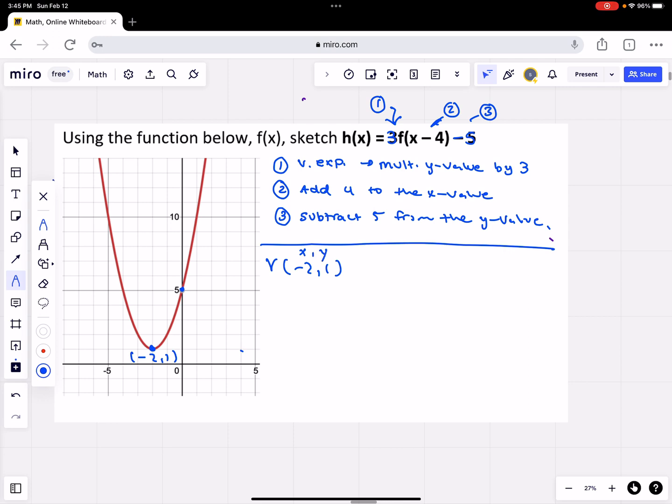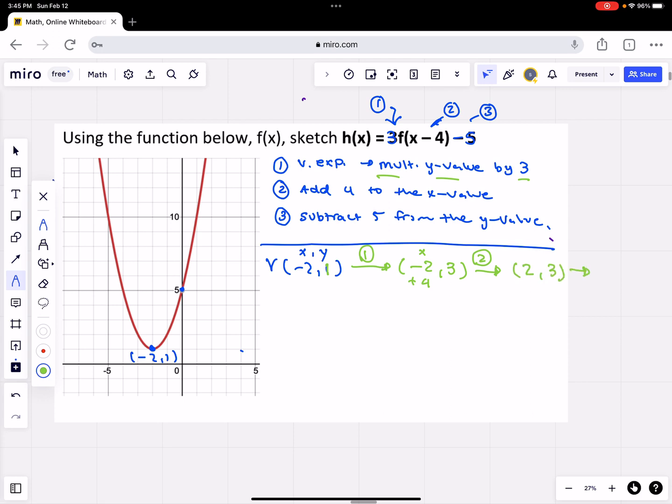So it is time to apply steps 1, 2, and 3. Step number 1 says multiply the y value by 3. So y value 1 is going to be times 3. So I'm going to get (-2, 3). However, I'm not done yet. Step number 2 says add 4 to the x value. So previous x value is -2, add 4, that gives me (2, 3).